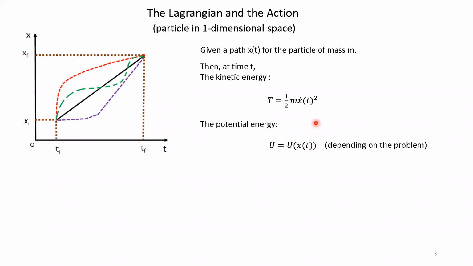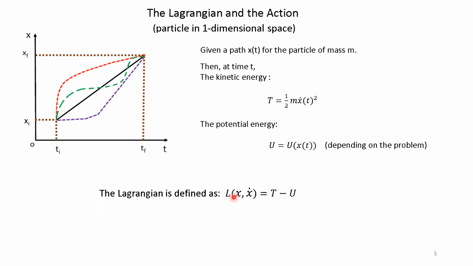Now here is the quantity that is known as the Lagrangian, and it is defined as the kinetic energy minus the potential energy.